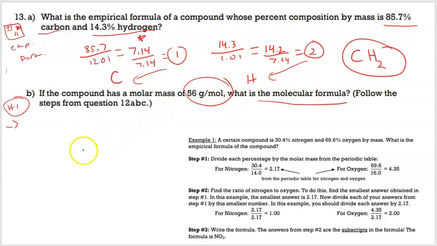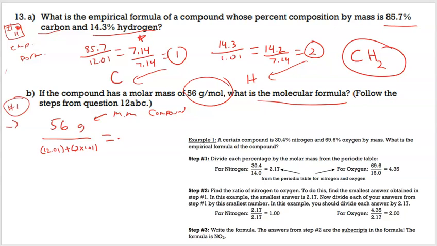We're going to take 56 grams, right, which is the molar mass of the compound, over the molar mass of CH2, which is going to be 12.01 plus 2 times 1.01.